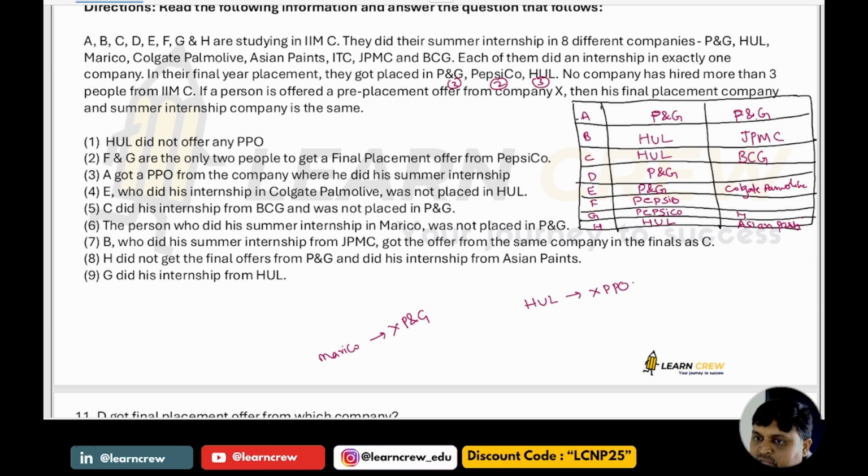If it is not Marico, the remaining are Marico as well as ITC. P&G is not Marico, so PepsiCo has to be Marico, and this has to be ITC.